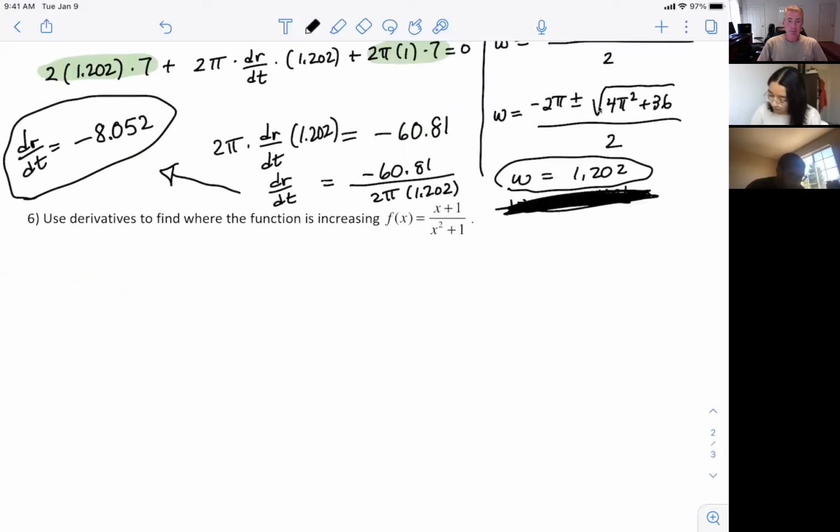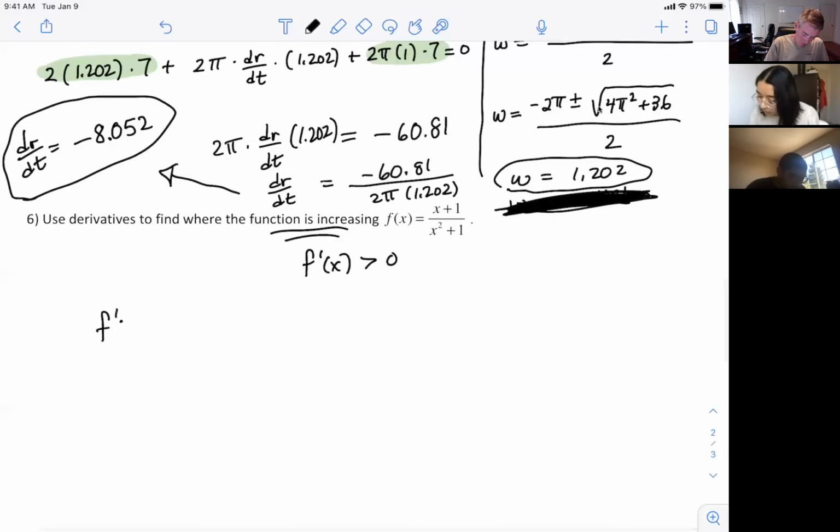So use the derivative to find out where the function is increasing. So in other words, increasing means that the first derivative is positive. So for number 6, find the derivative and find out where it's positive. So this one is going to be the quotient rule.